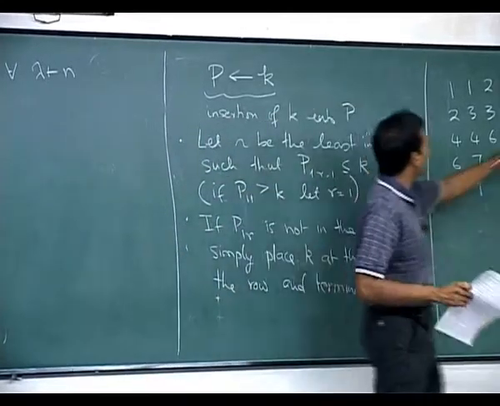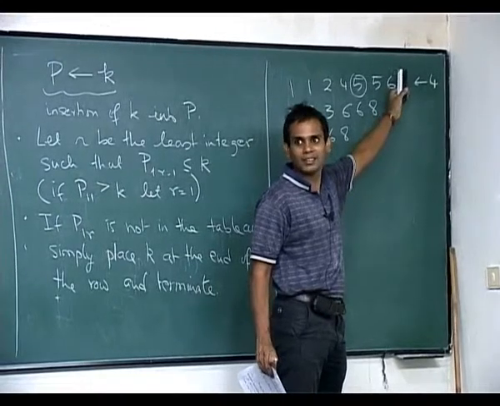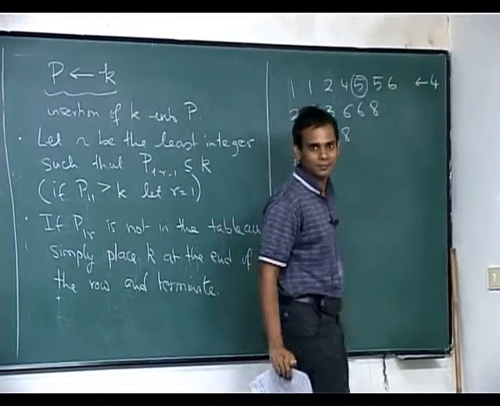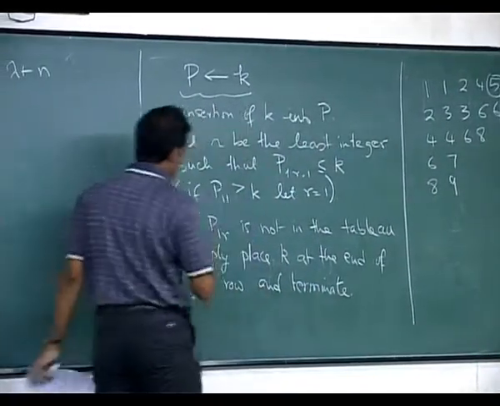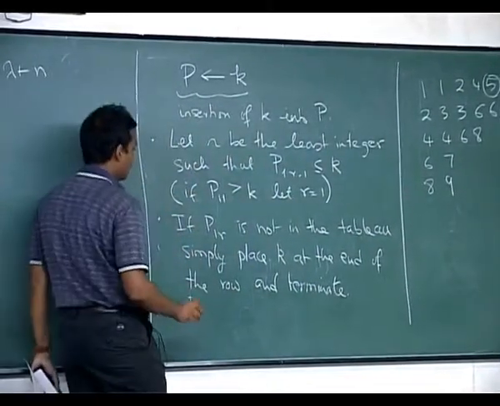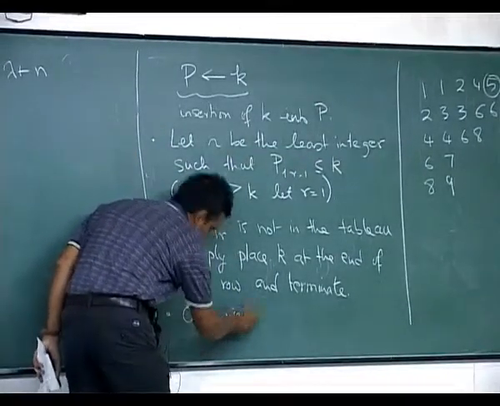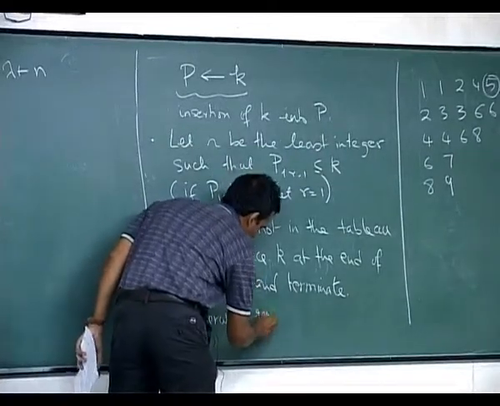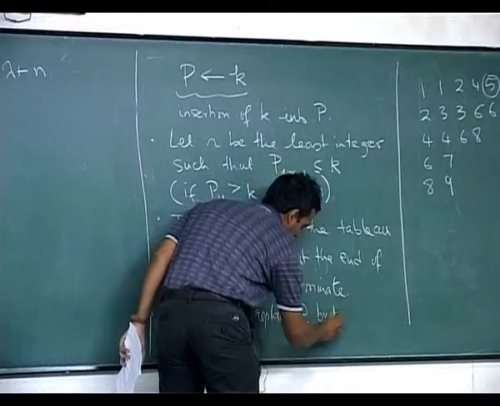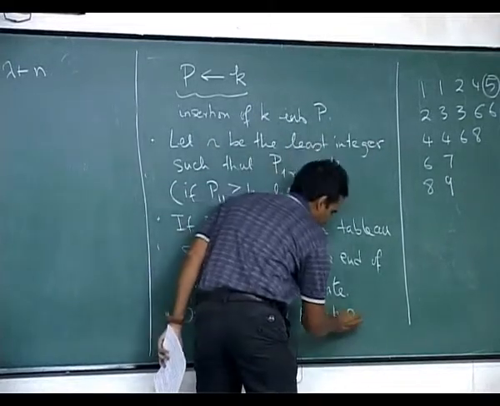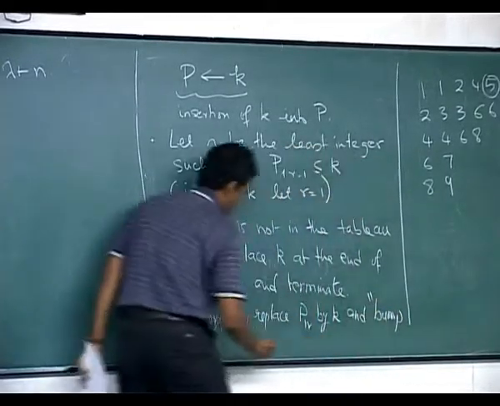If instead of 4 I was inserting 554, then I would just place it at the end of the first row. On the other hand, if it is there, replace P_{1r} by k and bump up the old P_{1r}. I'll explain what this bump up means.